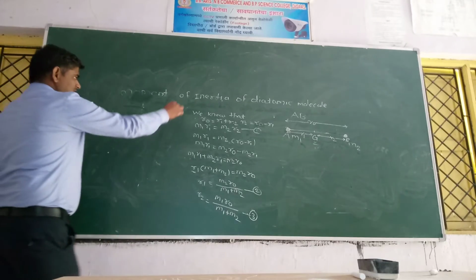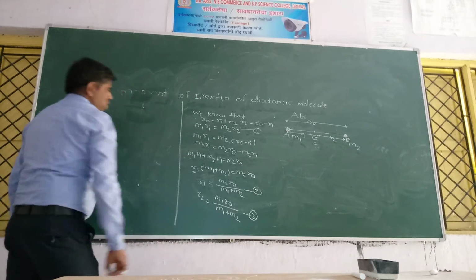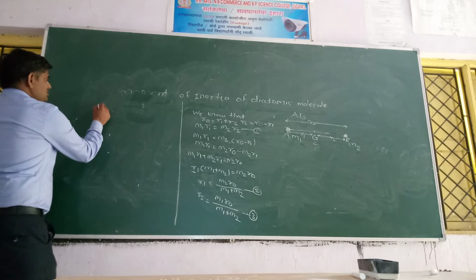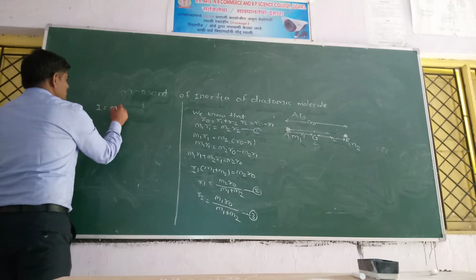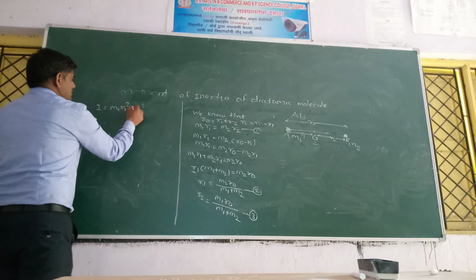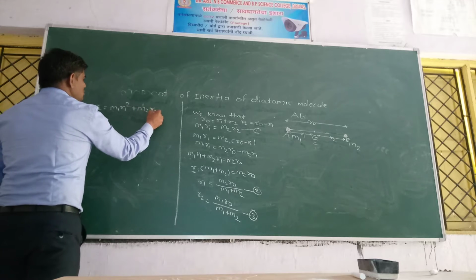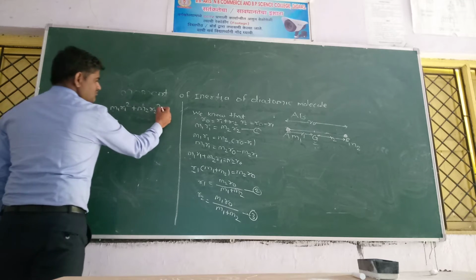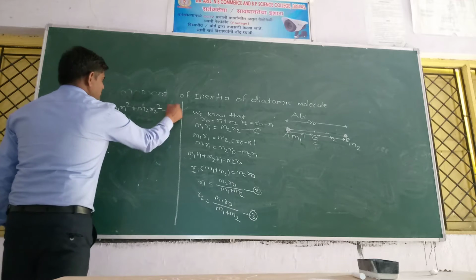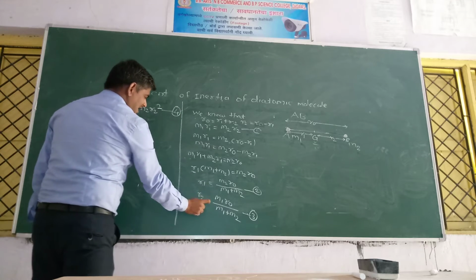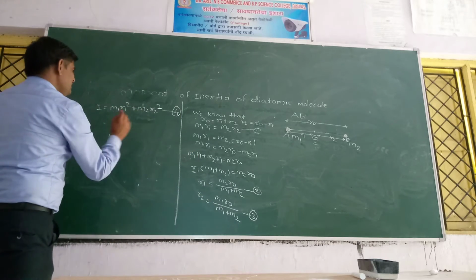Then after that, we know that moment of inertia I is equal to M1 R1 square plus M2 R2 square. In this equation 4, put the values of R1 and R2 from equation 2 and 3.